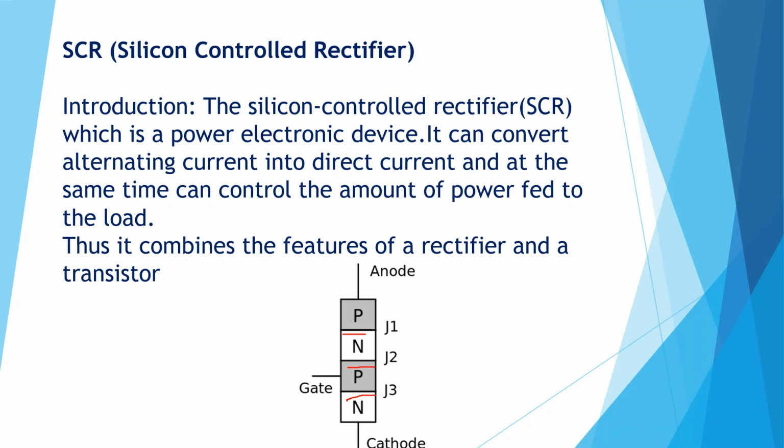So that is what the SCR does. At the same time, how much power it transfers to the output is also decided by it. So it has a combination of features of a rectifier and a transistor.